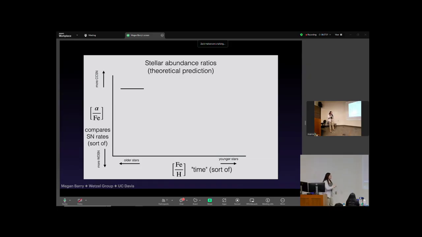But then as time goes on, as we get more and more iron buildup, as white dwarf supernovae turn on, we get more and more iron in the denominator, and we expect younger and younger stars to go down over time. All right, so this is a basic picture of what we may expect, using some very basic stellar evolution principles to predict how the element abundance of the galaxy might evolve.